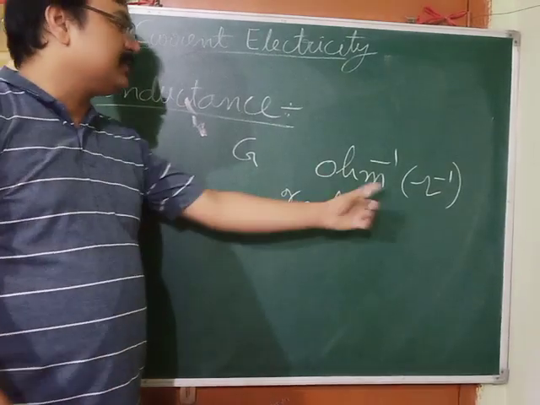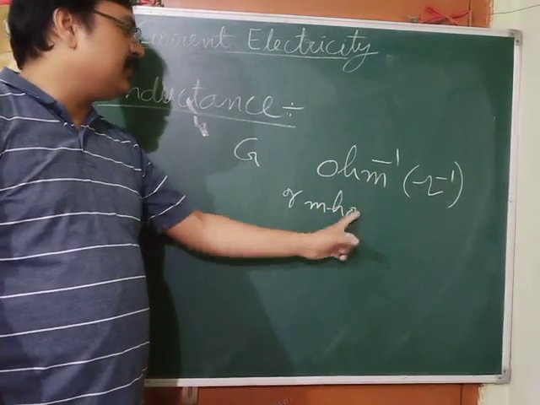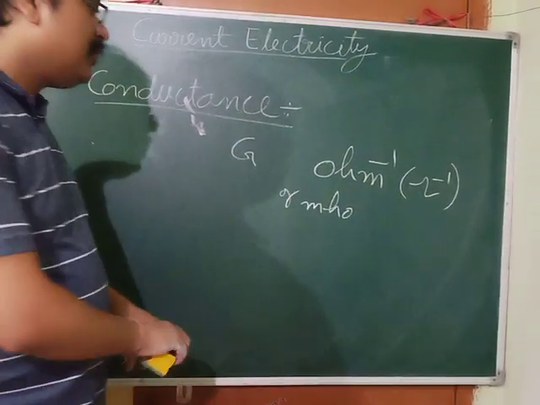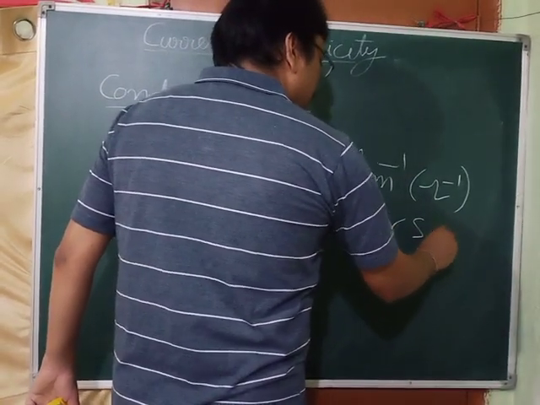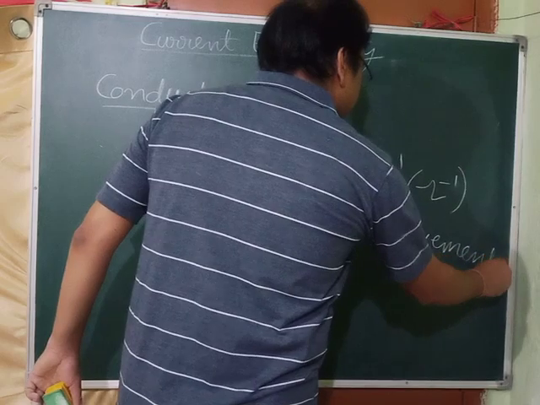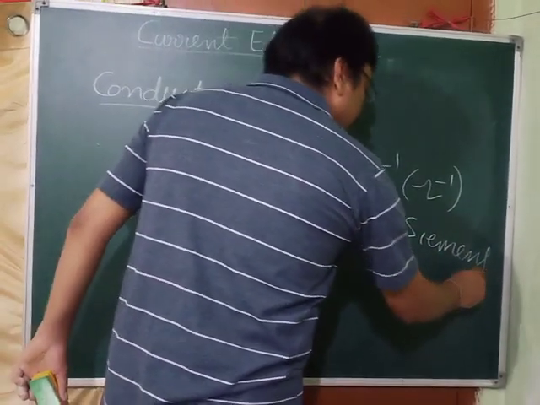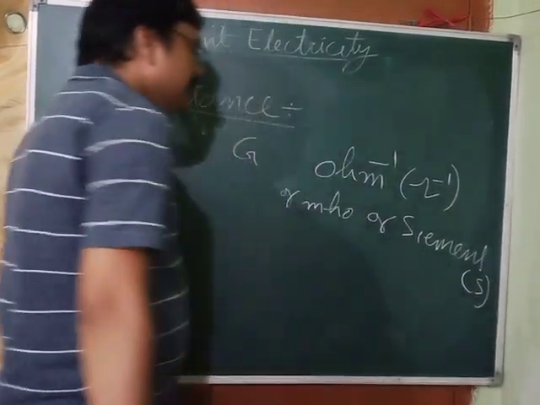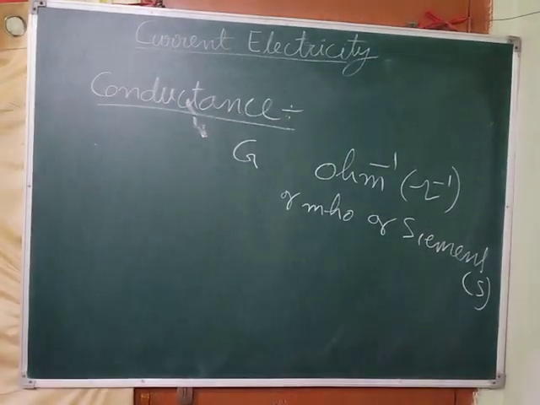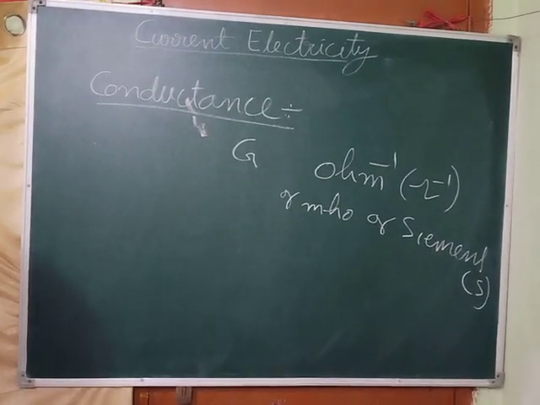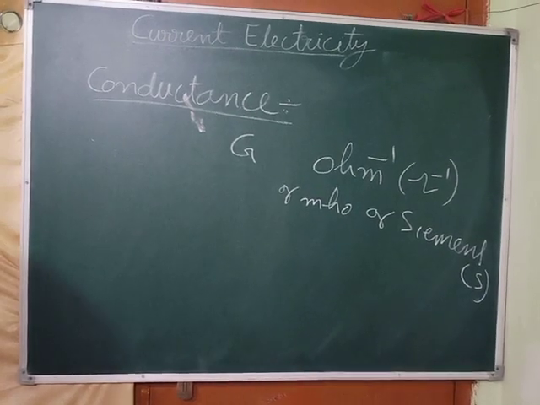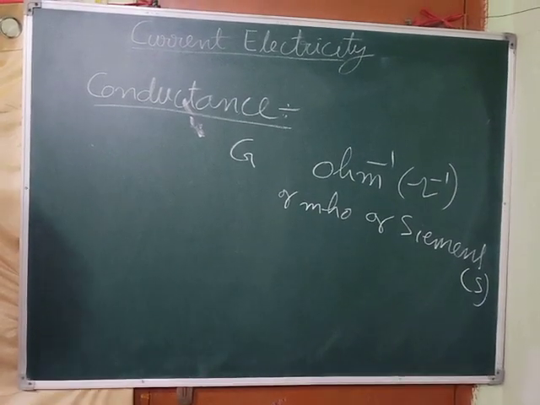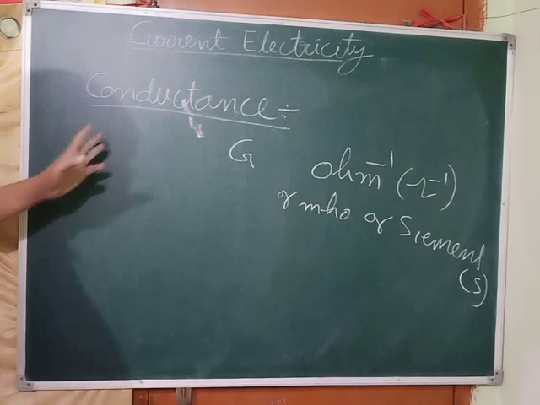This is the inverse of ohm. First we are writing M, then H, and then O: mho. Or Siemens, that is written by capital S. Siemens, okay? So this is your conductance.